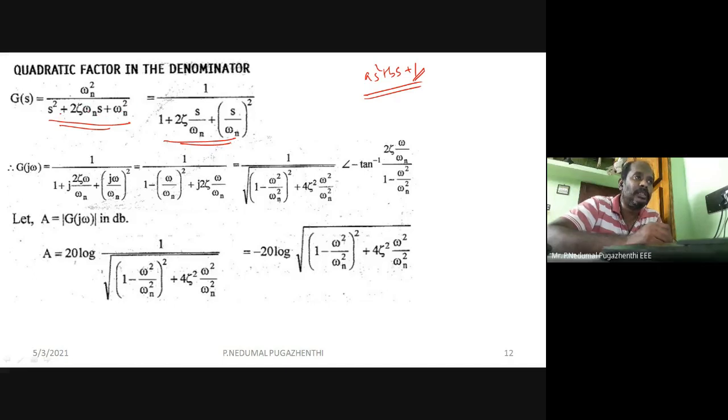So this term becomes s squared by omega n squared plus 2 zeta omega n by omega n squared into s plus omega n squared by omega n squared. So the last term becomes 1. Obviously you will get an imaginary term and a real term. If you substitute s equal to j omega, it has a real term and an imaginary term. Based on that, you follow a magnitude equation and a phase angle, a magnitude term and a phase term.